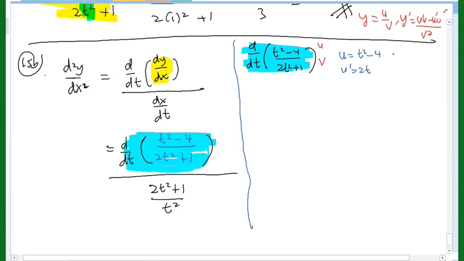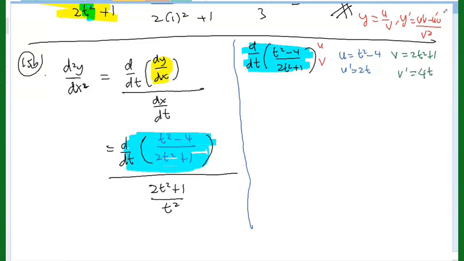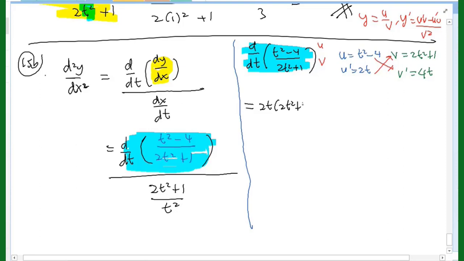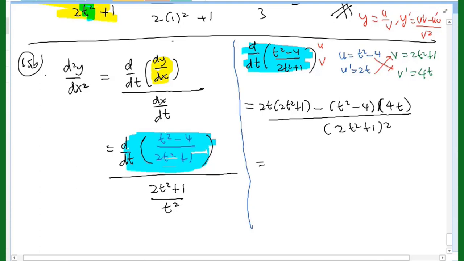Okay, v is equal to 2t squared plus 1, v prime is 4t. Then using the quotient, okay, up minus down: 2t times (2t squared plus 1) minus (t squared minus 4) times 4t, over v squared. Okay, simplify. Expand.